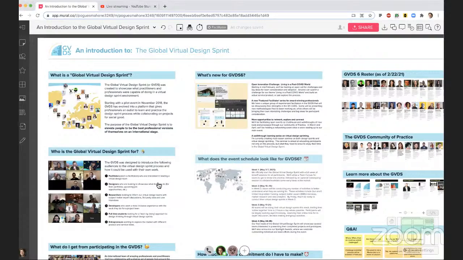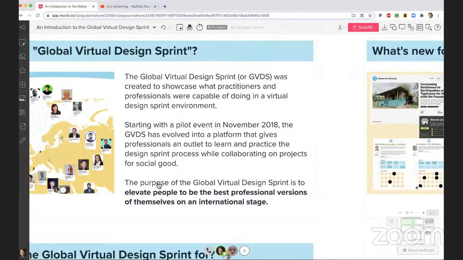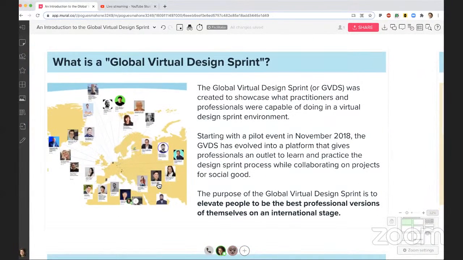Just to make sure you're in the right spot, we're going to be talking about the Global Virtual Design Sprint. This is an event that has been happening since 2018. It is the first of its kind, where it basically took the design sprint process and put it into a virtual environment. Back then, it was one of those things that had never occurred before.